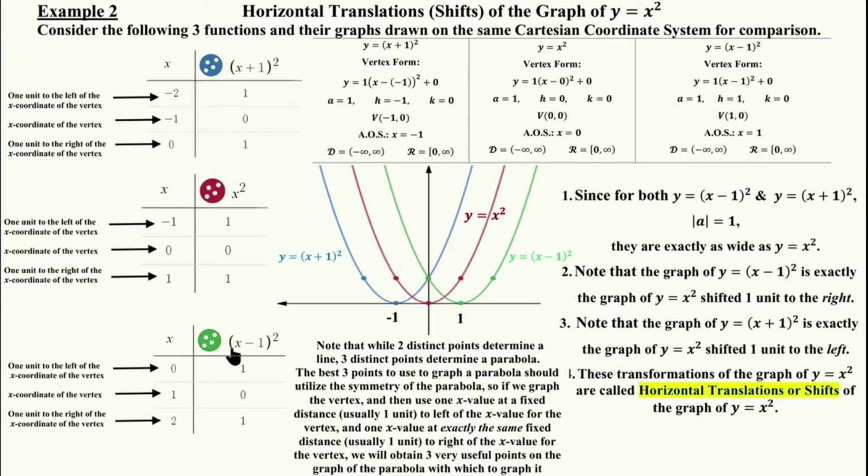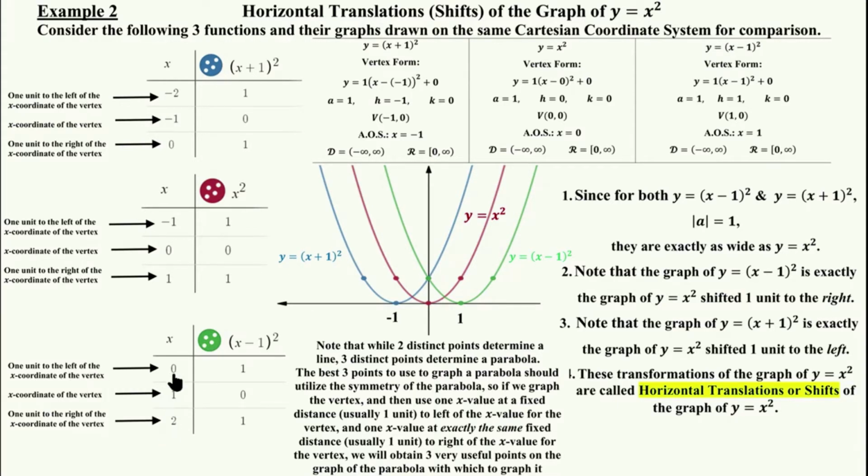Notice this time we look to find our vertex. First we try to make that 0. We know that's going to take x equals 1. So we start in the middle by finding the vertex. Then we simply, on the input axis or the x-axis, go 1 unit to the left and exactly the same amount to the right.